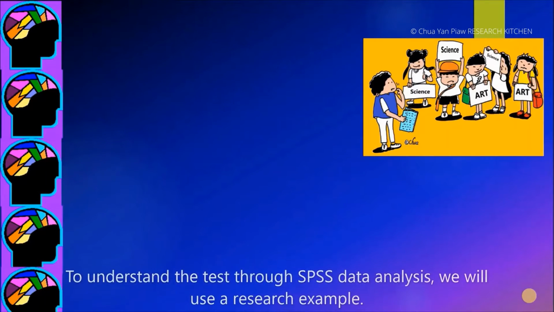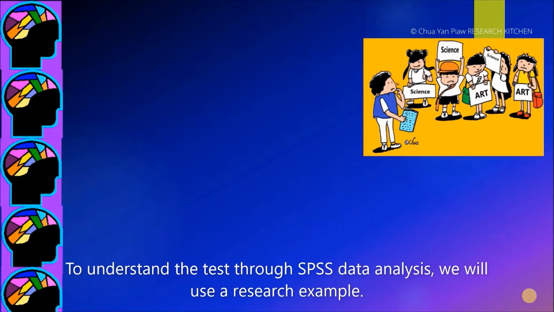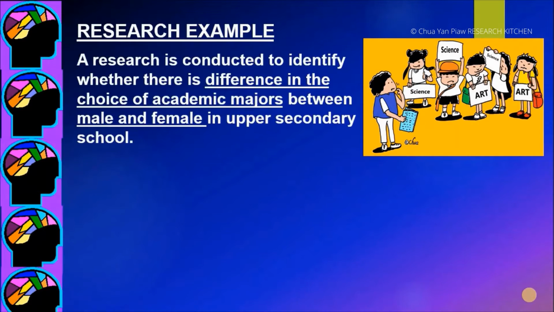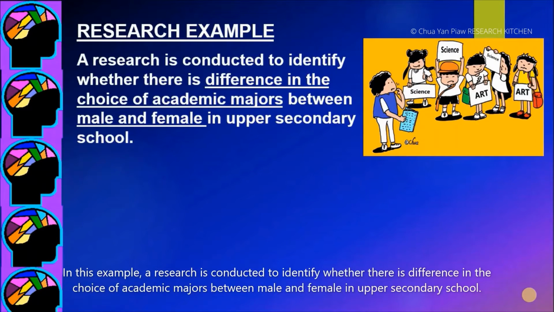To understand the test through SPSS data analysis, we will use a research example. In this example, a research is conducted to identify whether there is difference in the choice of academic majors between male and female in upper secondary schools.